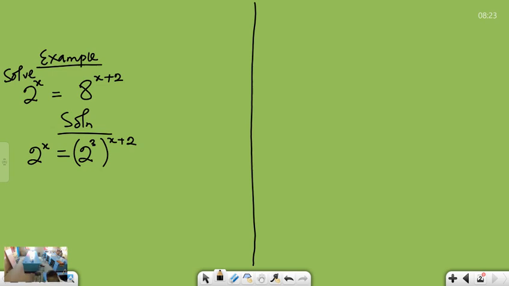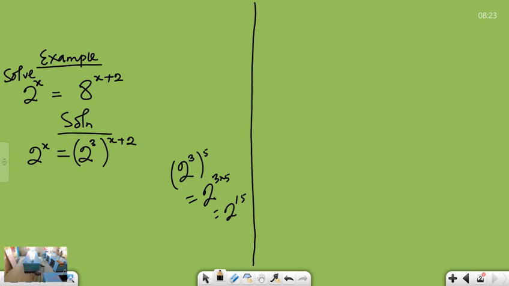Remember in our last class we said if a number is raised to a certain power, and again raised to another power, then you multiply the two powers together. So this will give us 2 raised to power 15. We are going to apply the same idea here.